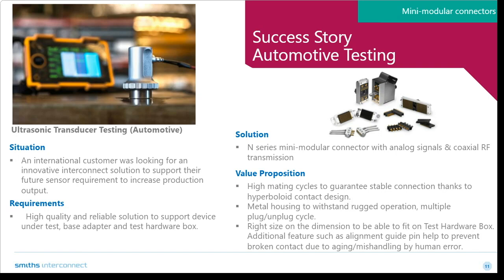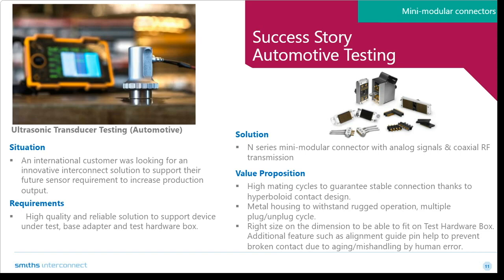High mating cycles to guarantee stable connection, bringing back the concept of the hyperboloid design. The metal housing, withstanding rugged operation and the multiple plug and unplug cycles required in this particular application. And finally, the right size and dimensions to fit onto the test hardware box.